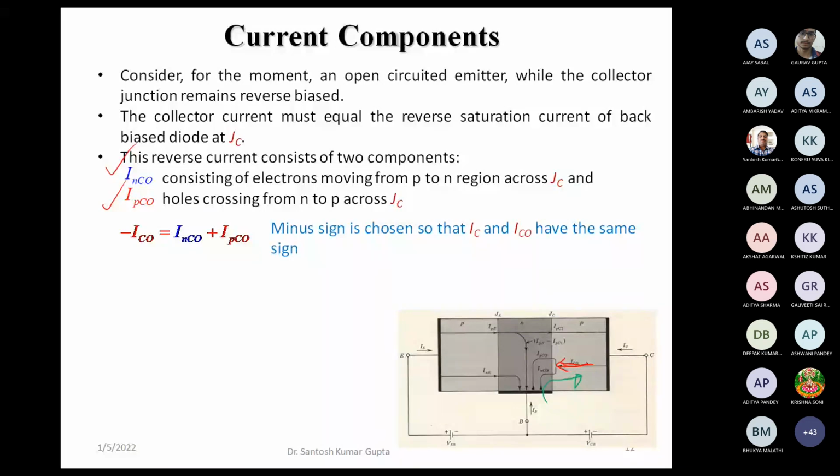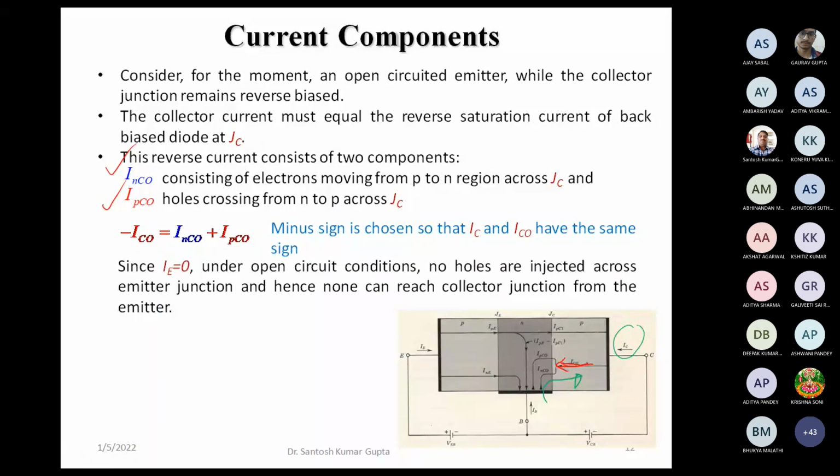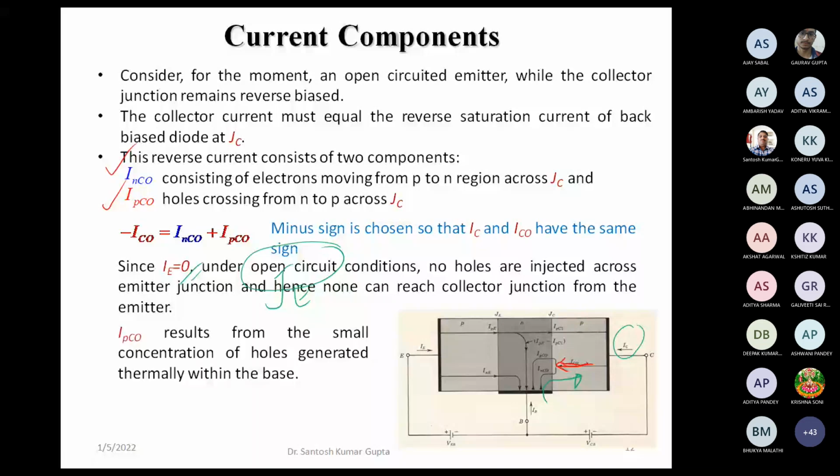The minus sign is chosen so that the collector current IC and ICO have the same sign. And when the emitter junction is open circuit, the emitter current is 0, so that's why the O suffix is also written.